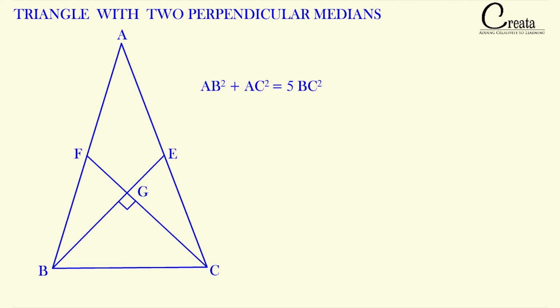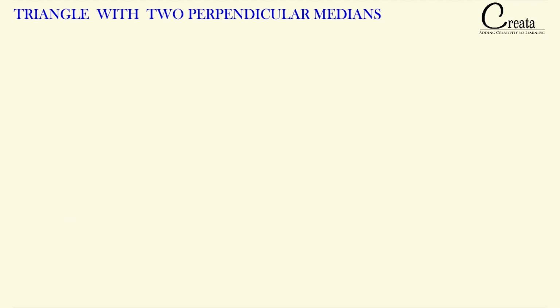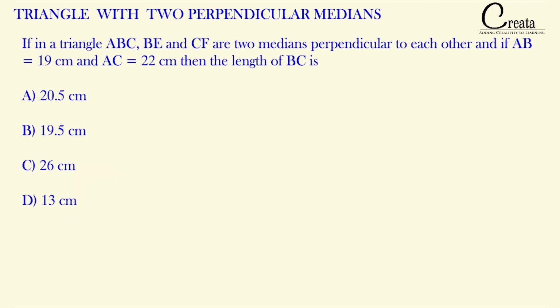Let's take a small question to further see the implementation of the formula. The question is, if in a triangle ABC, BE and CF are the two medians perpendicular to each other, and if AB is equal to 19 cm and AC is equal to 22 cm, then the length of BC is, we are having four choices.